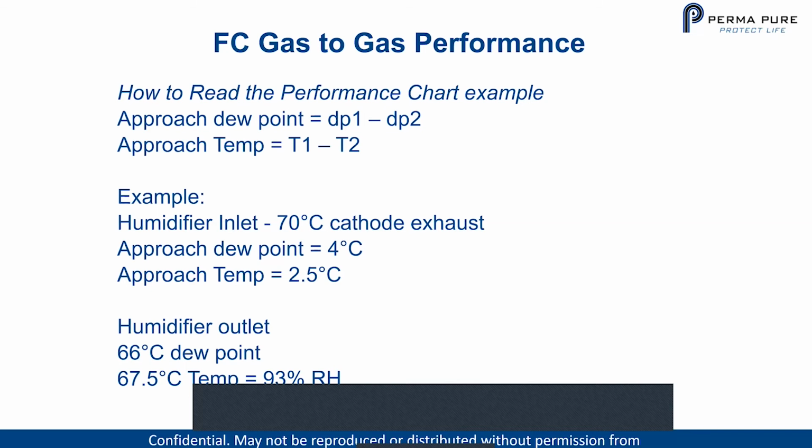Our example shows here on the screen a humidifier inlet of 70 degrees cathode exhaust with an approach dew point of 4 degrees C and an approach temperature of 2.5 degrees C. That yields a humidifier outlet of 66 degrees dew point, that's 4 degrees difference, at a 67.5 degree temperature, and we can calculate the relative humidity, which is calculated at the 67.5, right? Not at the 70 degrees C.